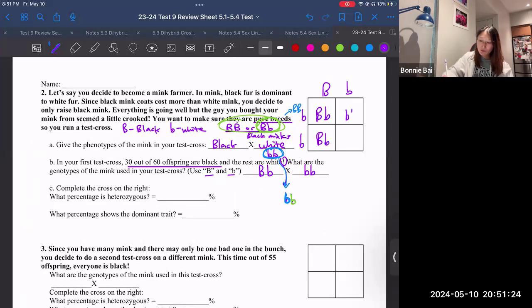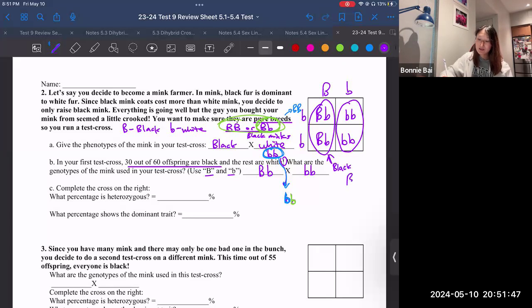We're writing, okay? So what we see over here is a divide between the dominant phenotype and genotype versus the recessive. Genotype and phenotype, right? So all of those are big B, little b, and they're all black minks as offspring.